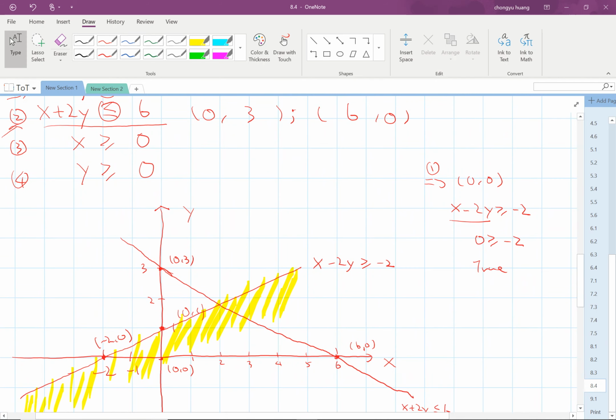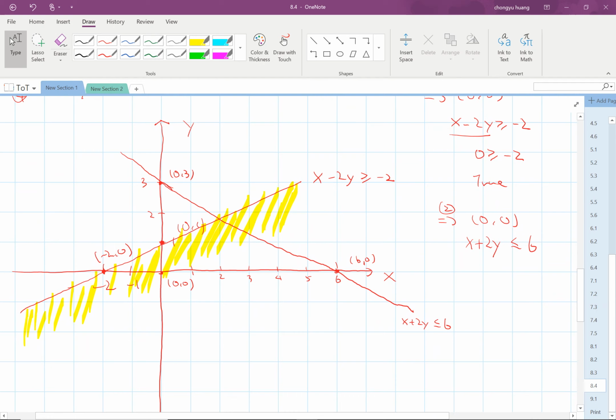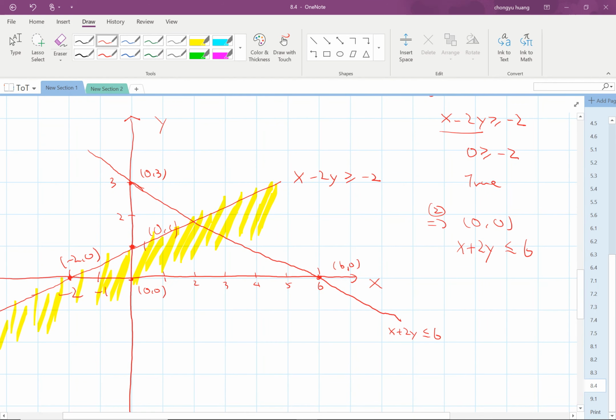As I told you guys, how you can determine the area is just by plugging in 0, right? x plus 2y less than or equal to 6. So you plug in 0, 0. The final one will be 0 less than or equal to 6, right?